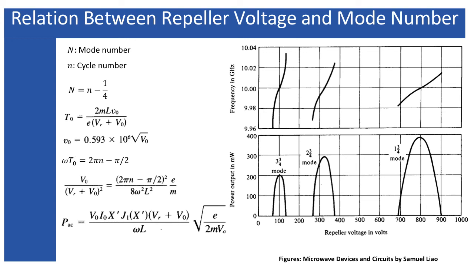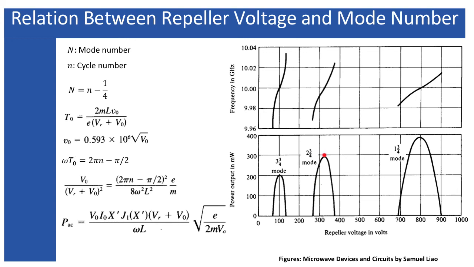Now, what will be the effect of these modes on the range of frequencies? You can see this is not the lowest order mode. The lowest order mode is the 3/4 mode for n equal to 1. This is for n equal to 2, or the cycle number equal to 2, so the 7/4 mode. For this mode, this is the range of frequency over which you can operate your oscillator.